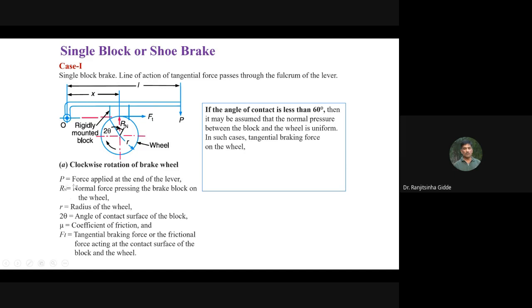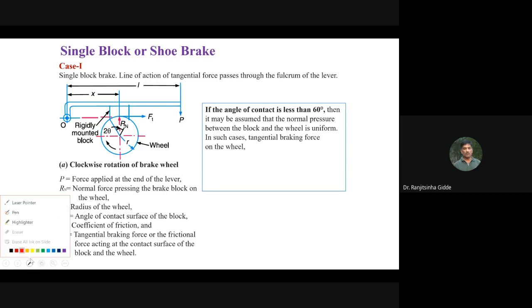So P is the force applied at the end of the lever, then Rn is the normal force pressing the brake block on the wheel, then R is the radius of the wheel, and 2 theta is the angle of the contact surface.